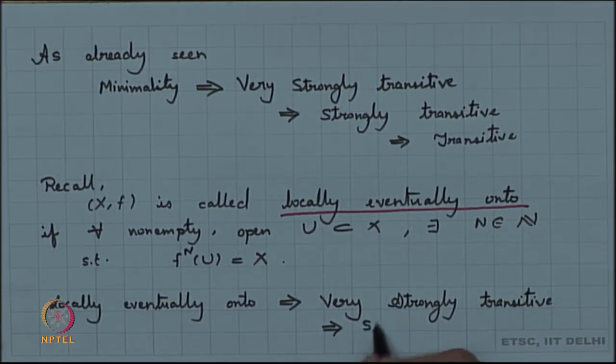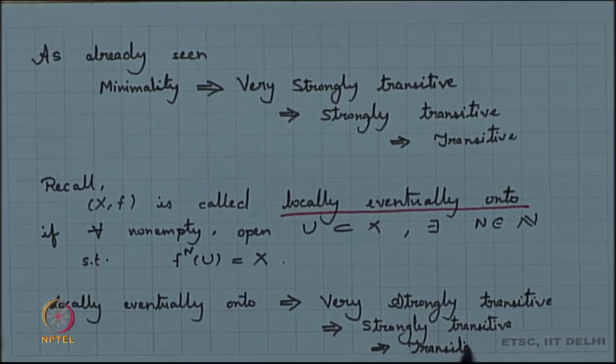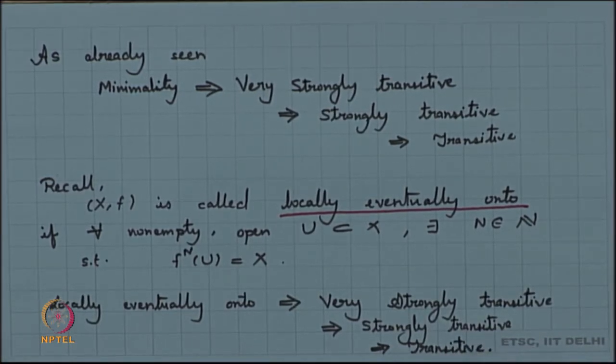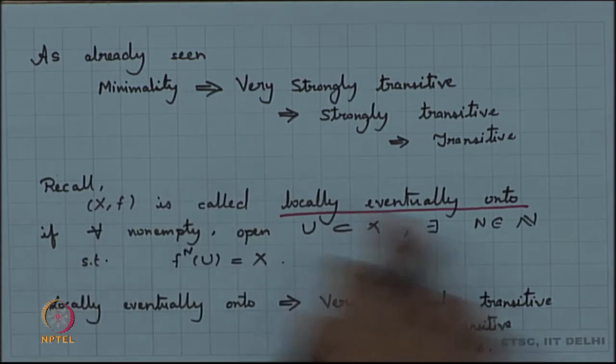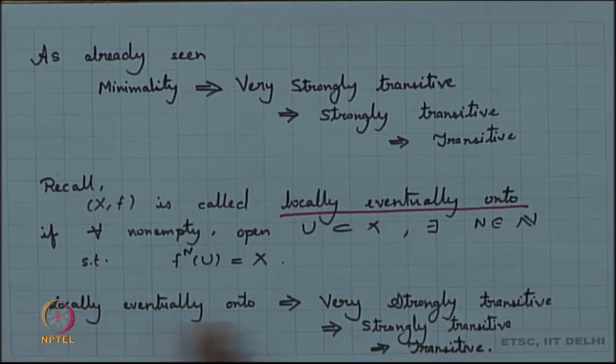This implies strongly transitive. And this implies transitive. So, locally eventually onto is also a stronger property.